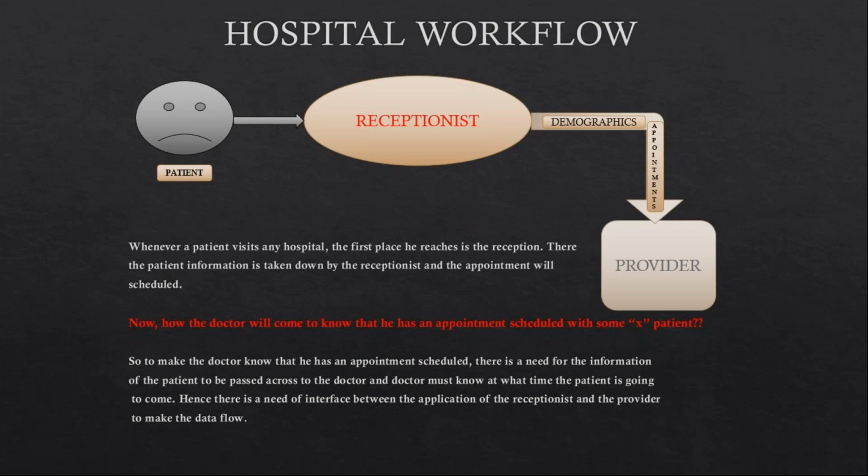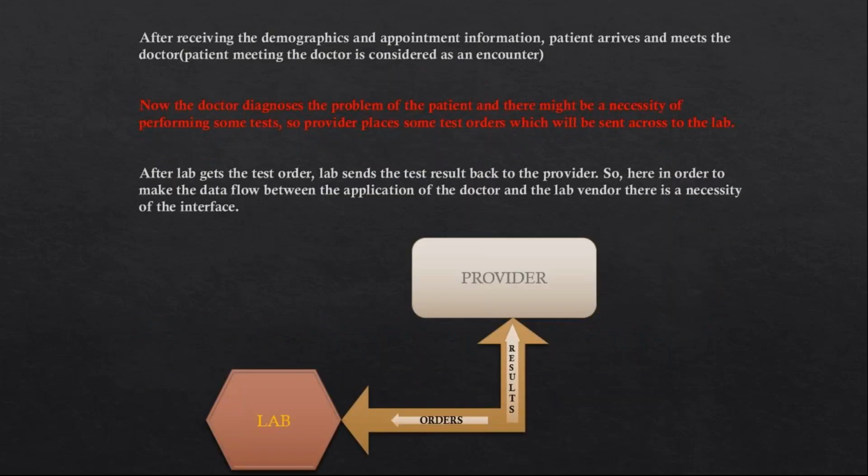After saving, they will ask the patient which doctor's appointment they are here for, and they will schedule an appointment for that patient, and those appointments will be sent to the doctor's desk. At the doctor's desk, you will have another application called EHR, and the doctor will look into that EHR application to figure out what appointments he has for that specific day.